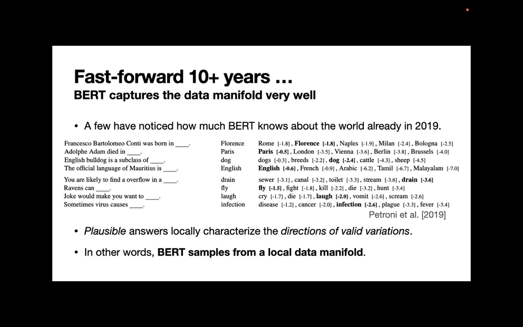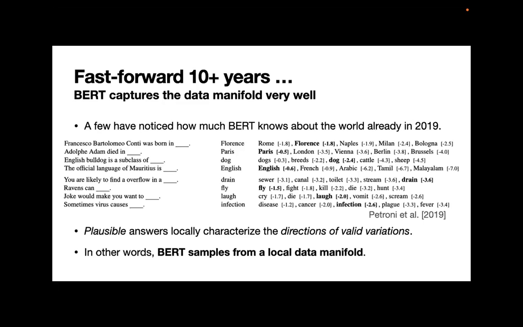I'm going to perturb it a bit, add some noise, and then I'm going to see if this denoising autoencoder can project it back onto the data manifold that is defined as a set of points where points correspond to well-formed sentences. So I'm going to mask out this infection part. And then Petronio asked BERT, okay, let's try to push it toward the data manifold and tell me what are the likely points on the data manifold.